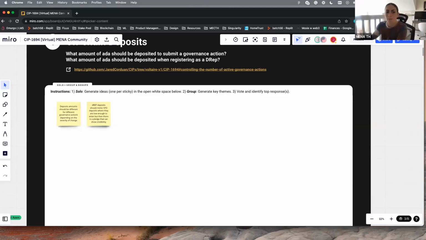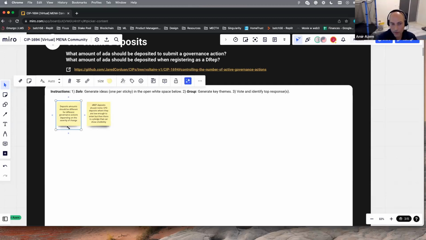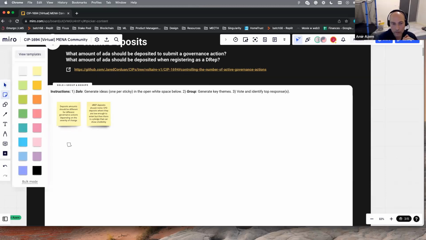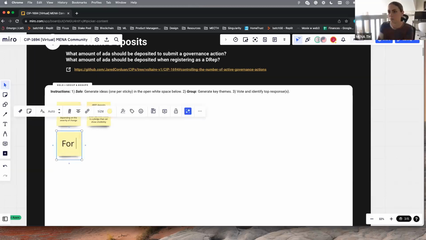Yeah. I think deposits for governance actions are also returned: if your proposal doesn't get enacted, you get the deposit back anyway. Yeah. So I would say measured in the millions, but I don't know how. That's what I would say personally, but it's open. So for more severe governance actions, deposits to be in the millions.